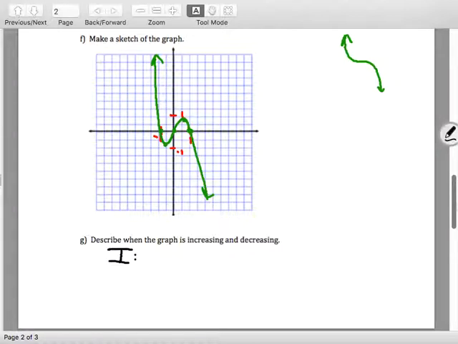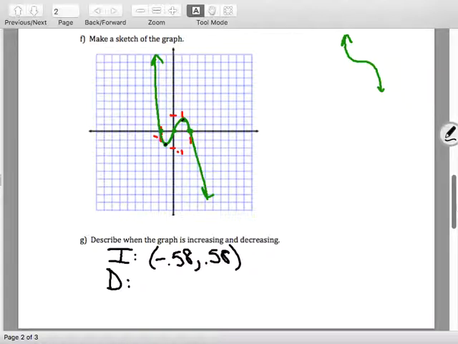So do you see it's increasing from the minimum to the maximum? So that minimum, let me look at my paper, the minimum was at negative 0.58 and the maximum is at 0.58. So between the valley and the hill, it's increasing. Then it decreases from negative infinity. Now what I mean by negative infinity is not that it's going to positive infinity, okay?